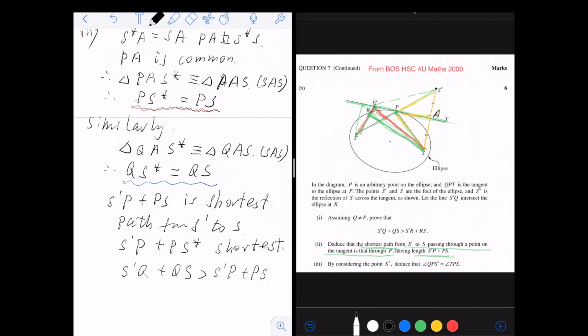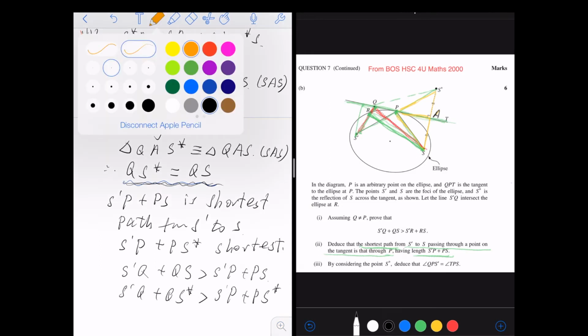Since we have this equal to this, we have S dash Q plus QS star is bigger than S dash P plus PS star. This sentence tells us a very important result.